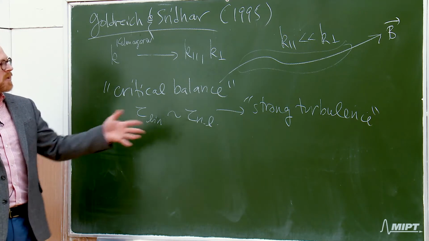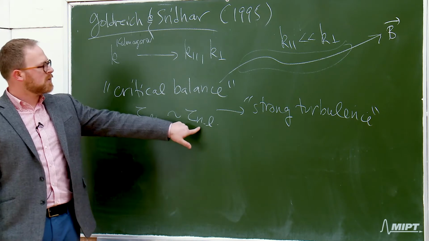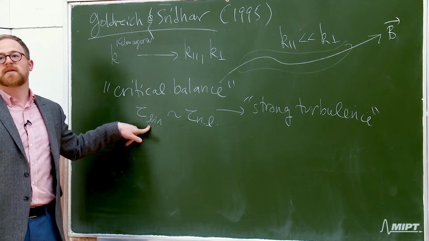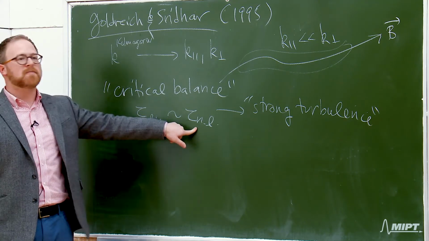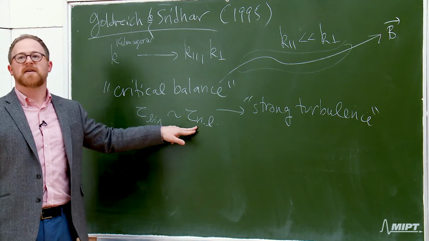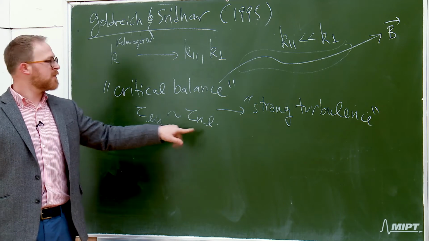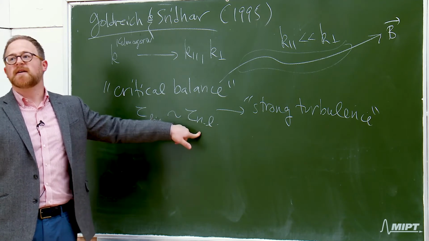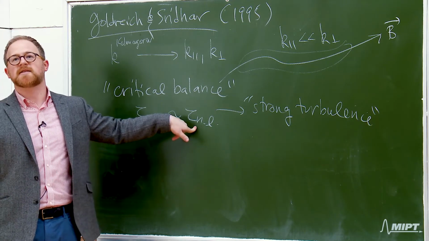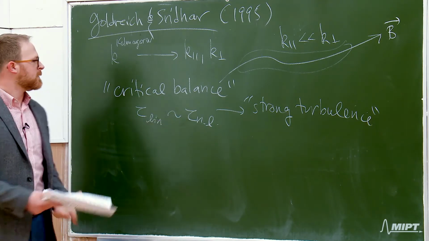In Iroshnikov-Kraichnan and other theories of weak turbulence, this nonlinear timescale is not on par with the linear timescale. Remember, it took many Alfvén wave collisions for that wave to be altered by the nonlinearity. Here, it takes one, right? The nonlinearity is comparable to the linear timescale. So the wave propagates and it nonlinearly gets disrupted on the same timescale.